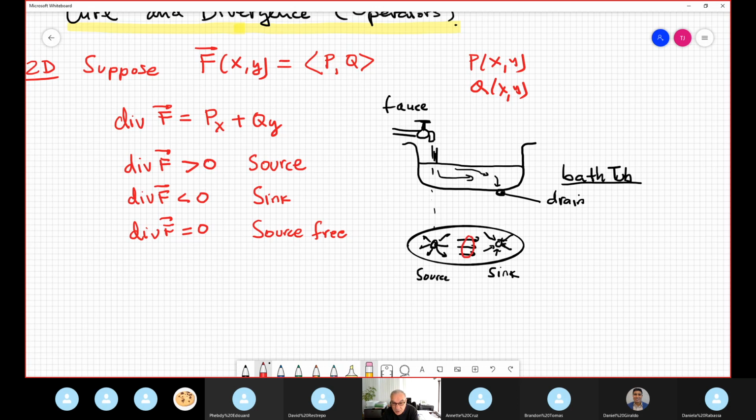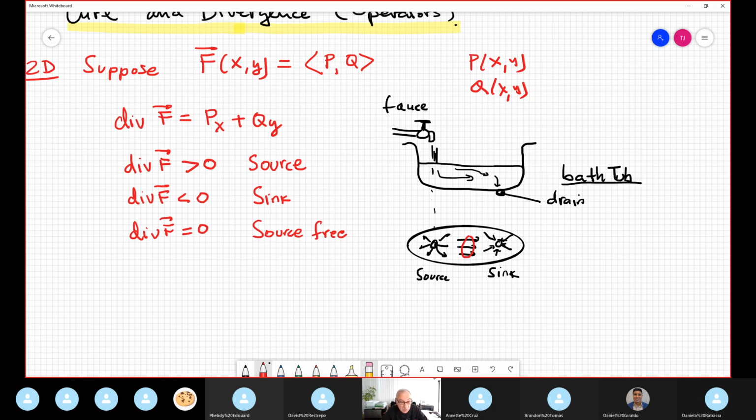You see that the divergence is 0 because the amount of water that gets inside this surface is equal to the amount of water that gets out of the surface. We have no source, we have no sink.